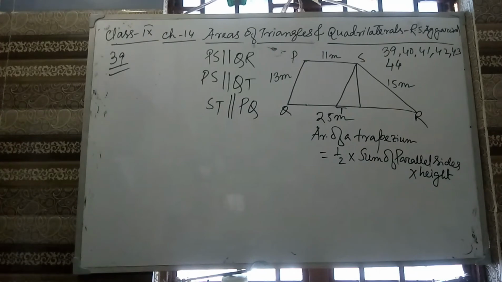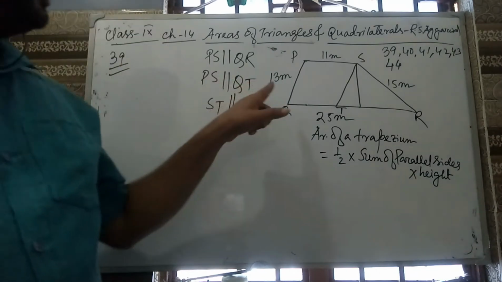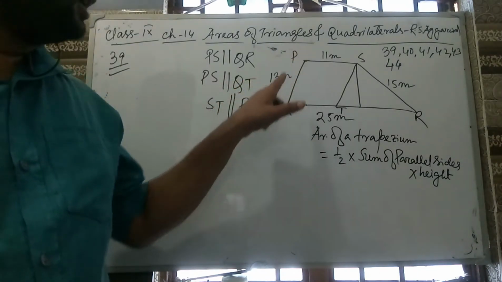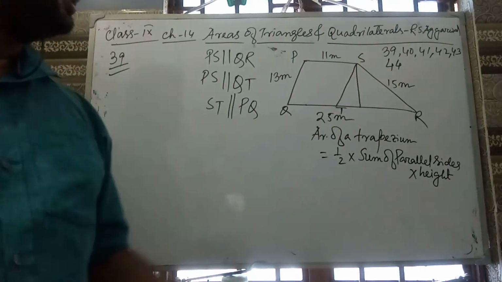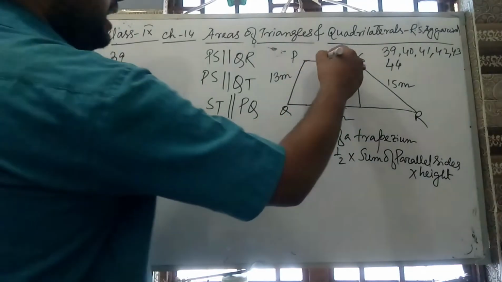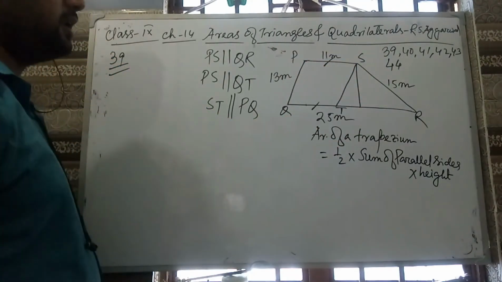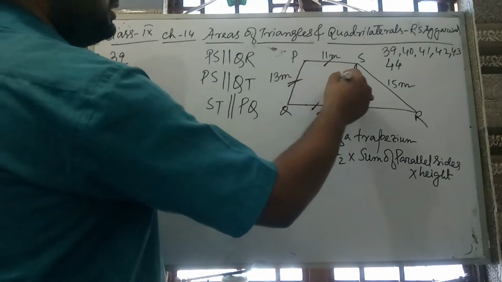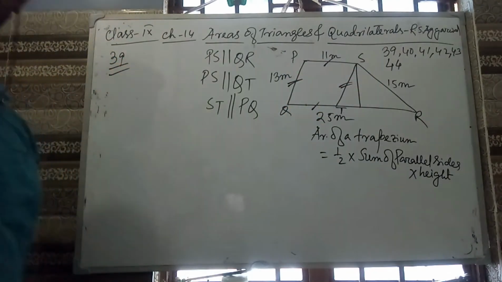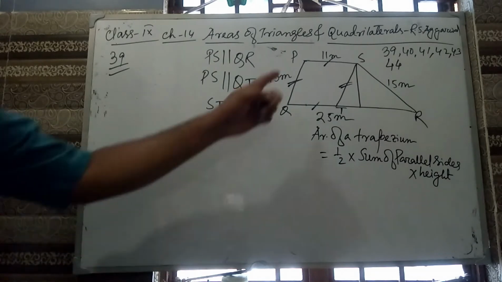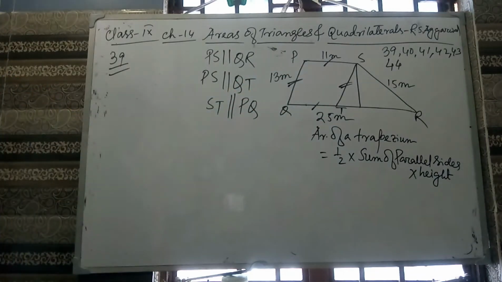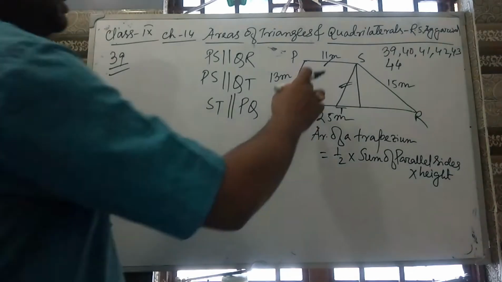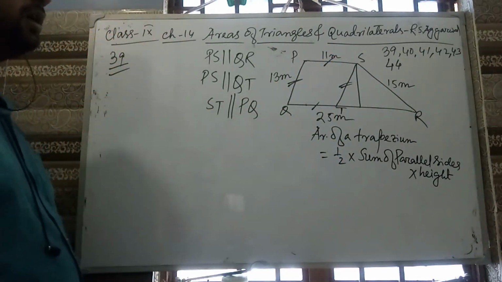So what we obtained? We obtained that in quadrilateral PQTS, this side and this side, they are parallel. This side and this side, they are parallel. So this must be a parallelogram. Okay? This must be a parallelogram.